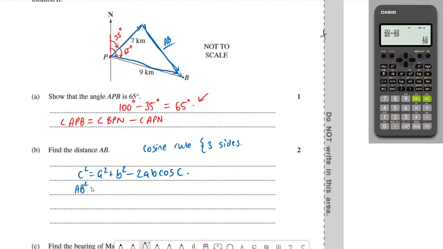So AB squared is equal to, let's call this side a and this side b, 7 squared plus 9 squared minus 2 times 7 times 9 times cos of 65 degrees, because that's our included angle, the 65 there. That's why they asked us, and in fact, if you didn't know how to show that this angle was 65, it's telling you that it is. So if you didn't do part A, you should still be able to do part B, because it's telling you what the value should have been.